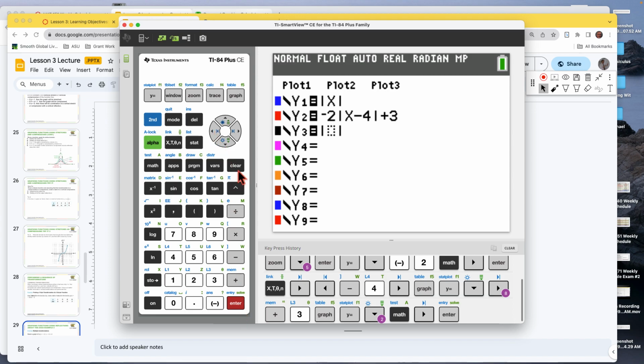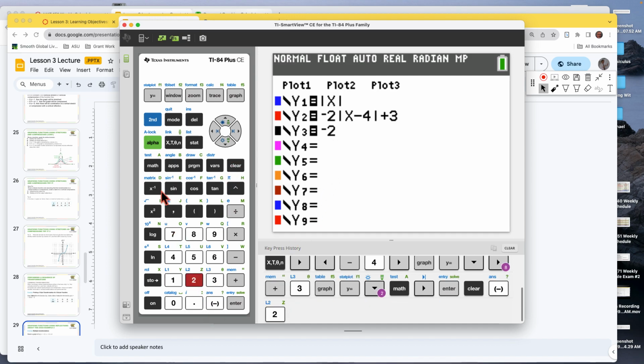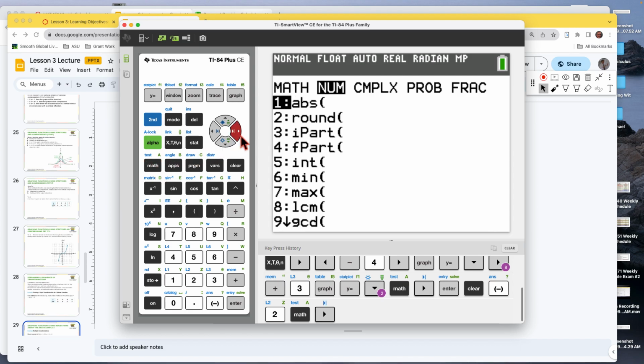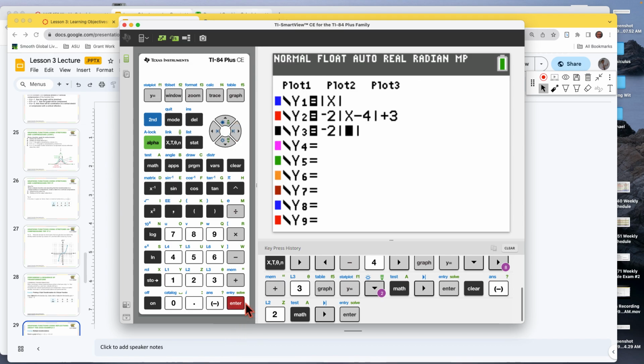So I went, let's clear. So I did -2 first, and then I go to math, number, ABS. Every single time you want. So you're going to do that after the 2, too? Right. Yeah, because that's where I want the absolute value, because I wanted the -2 in front of the absolute value. Okay. That makes sense.